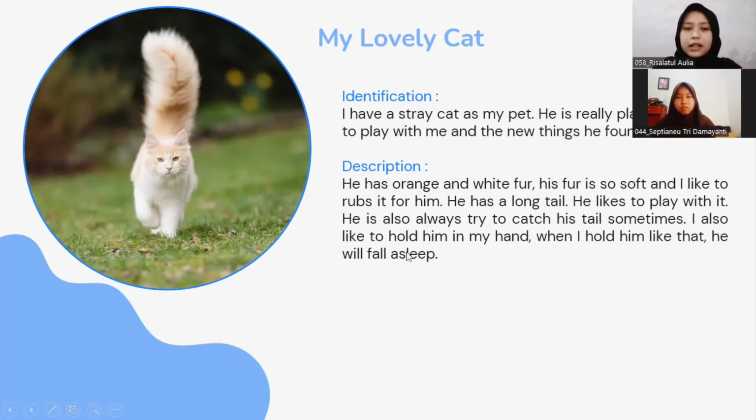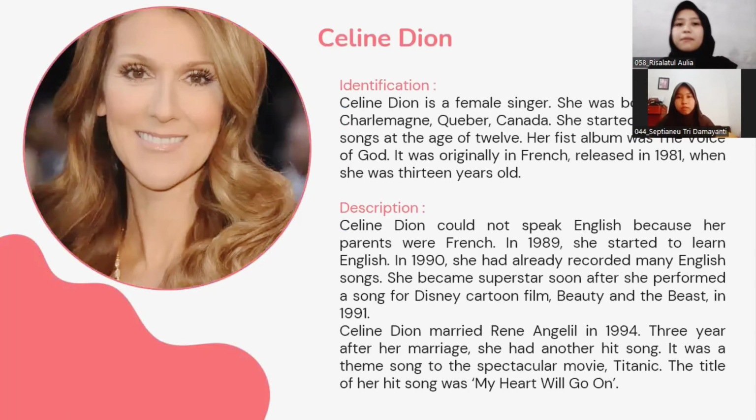Okay, the next example is about Celine Dion. Celine Dion is a female singer. She was born in 1968 in Charlemagne, Quebec, Canada. She started singing popular songs at the age of 12. Her first album was The Voice of God. It was originally in French, released in 1981 when she was 13 years old. Celine Dion could not speak English because her parents were French.